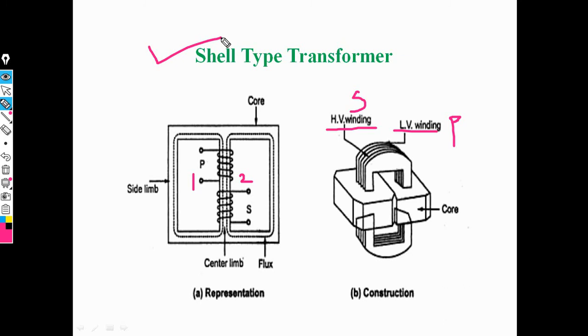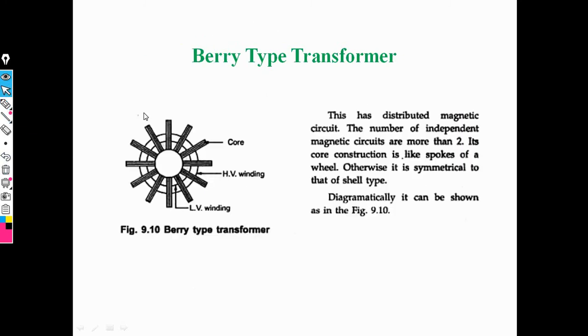Now the last type of transformer is the Berry type. Berry type transformer is one in which the LV winding and HV winding are placed surrounding the central point of the transformer.